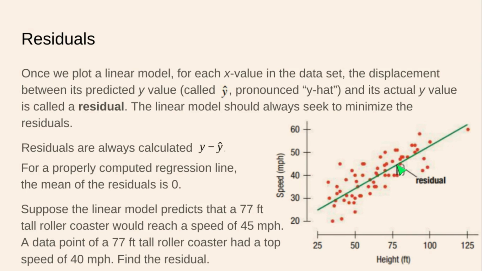So it's the actual data point minus what the line of best fit predicts the y value should be. So the residual would be 40 minus 45, which is equal to -5. So our residual would be -5, and it should not surprise us that we get a negative number. Residuals are displacements, they're not distances.